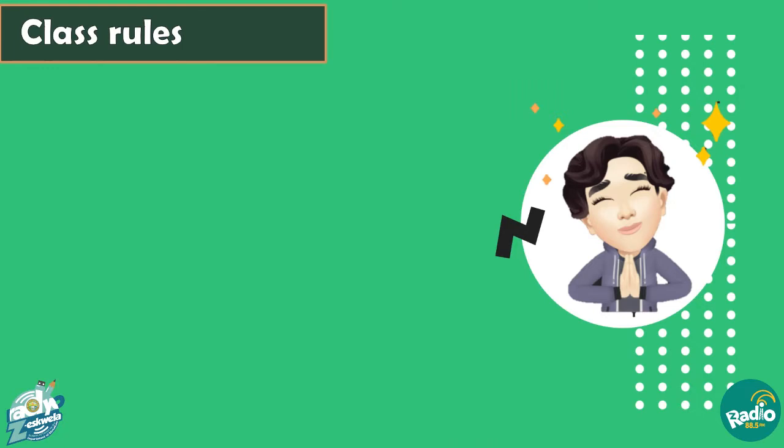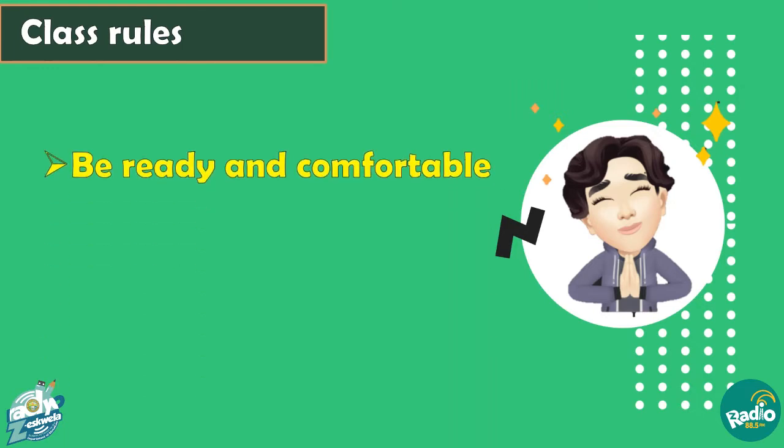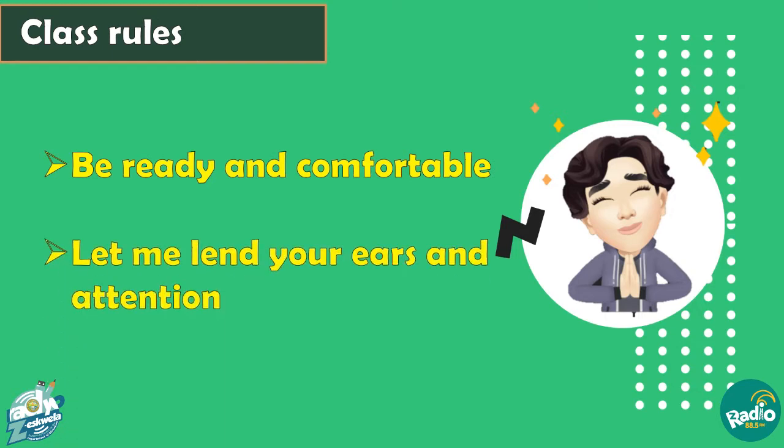To start our learning session, please make sure that you are ready and comfortable wherever you are right now. Let me lend your ears and attention as well so that you can focus in our class through radio.